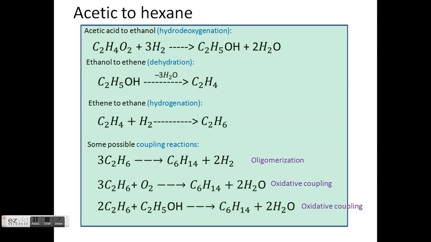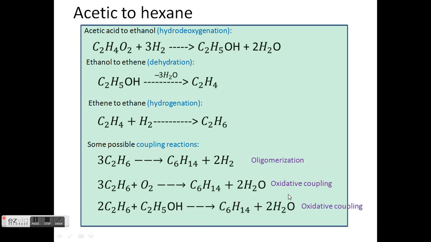And then there are several coupling reactions, because if you look at gasoline, we're thinking of carbon in the range of 4 or 5 to 12. So we would need to increase the chain length if we start with acetic acid.